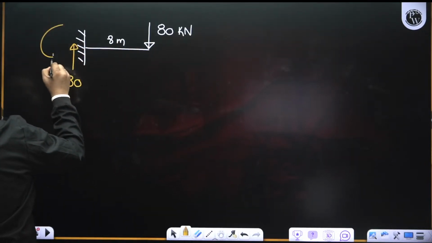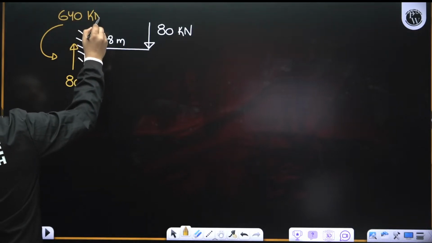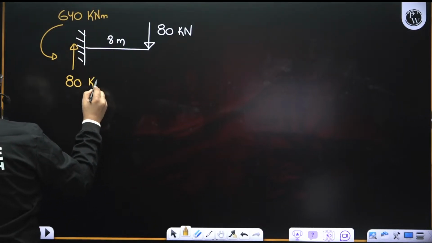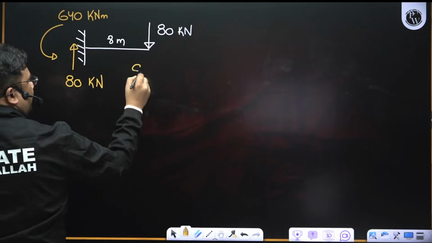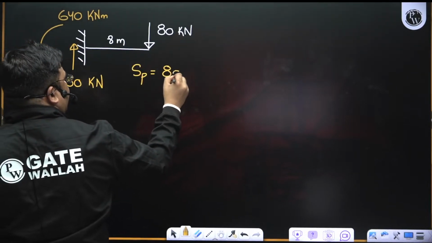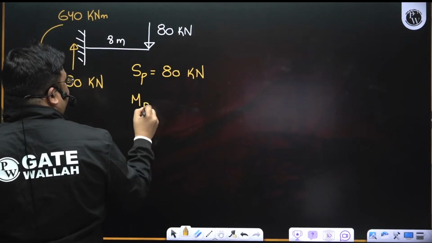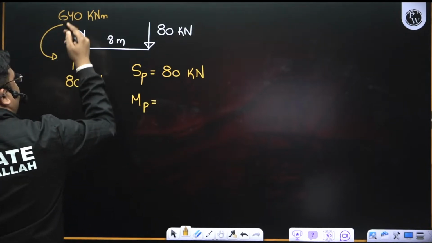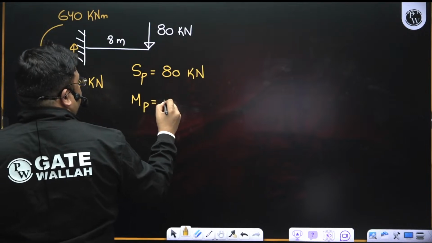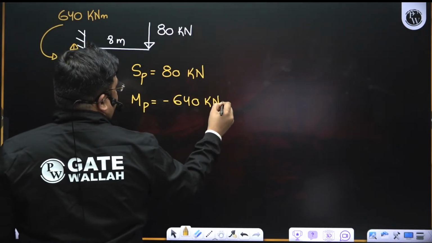So here it will be 640 kilonewton meter. So the shear force of P will be positive, 80 kilonewton, and the bending moment for P, see it is anti-clockwise, so it will drop, right? So this is minus 640 kilonewton meter.